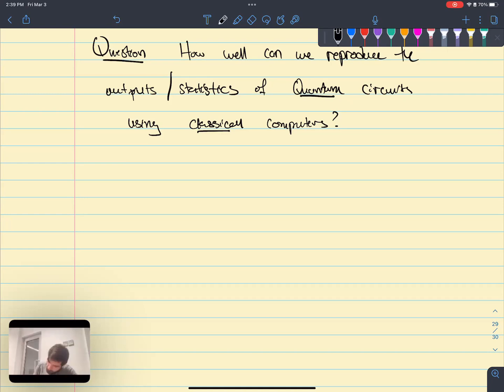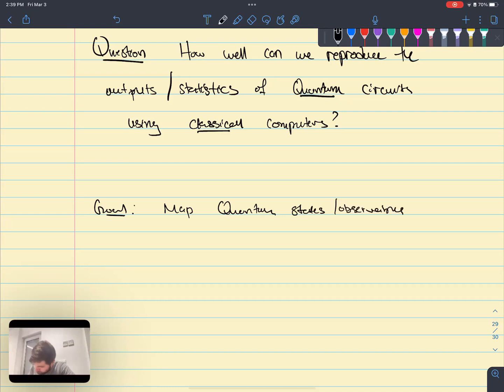More or less, the goal when you're looking at something like this is to map quantum states and observables to some sort of classical states or operations.